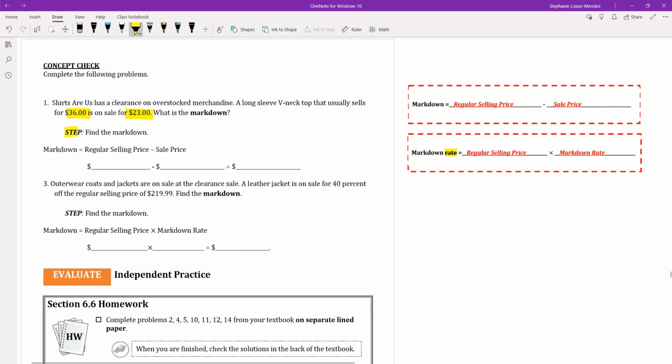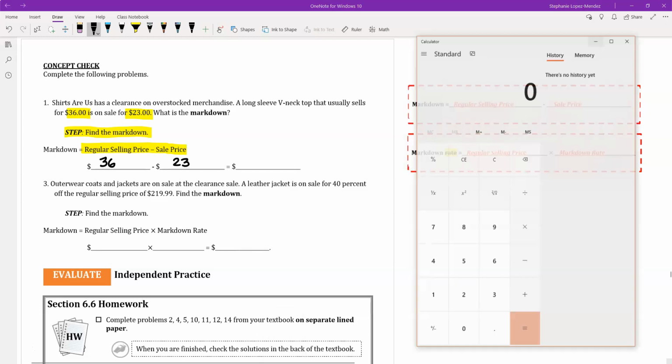On step number 1, we're finding the markdown using regular selling price minus sale price. Okay, so then I write down my regular selling price, which is $36, and we also write down our sale price, which is $23.